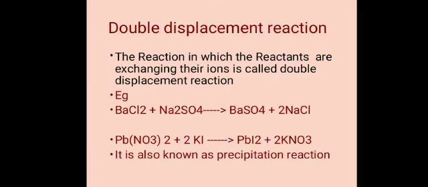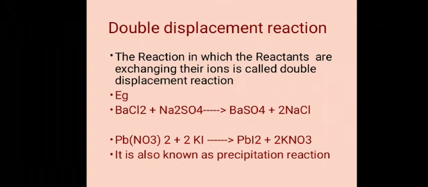Now the next type of reaction is double displacement reaction. Double displacement reaction means the reactants exchange their ions. The reaction in which the reactants exchange their ions is known as double displacement reaction. These reactions are carried out in aqueous solutions.